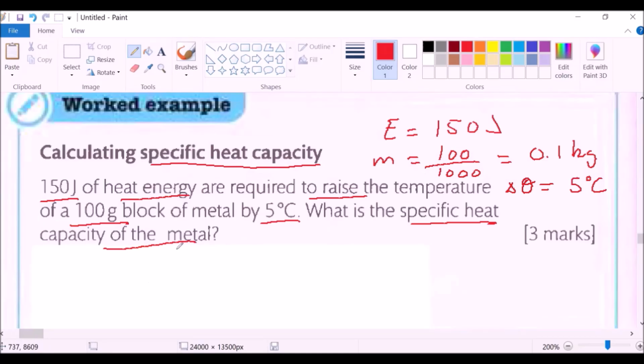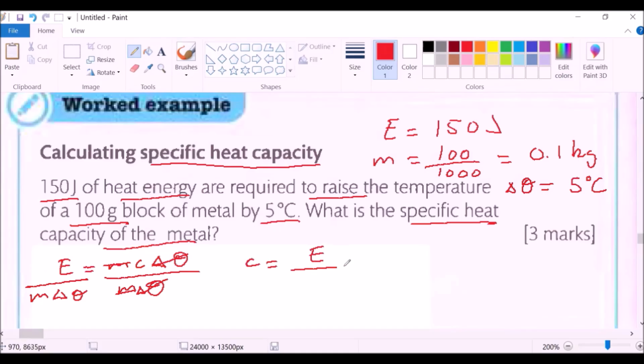To calculate the specific heat capacity, we use our equation E is equal to m c delta theta. We want C, so we divide both sides by m delta theta. m cancels there, delta theta cancels there. Now we have C is equal to E over m delta theta, which is 150 over m is 0.1 kgs, delta theta is 5.